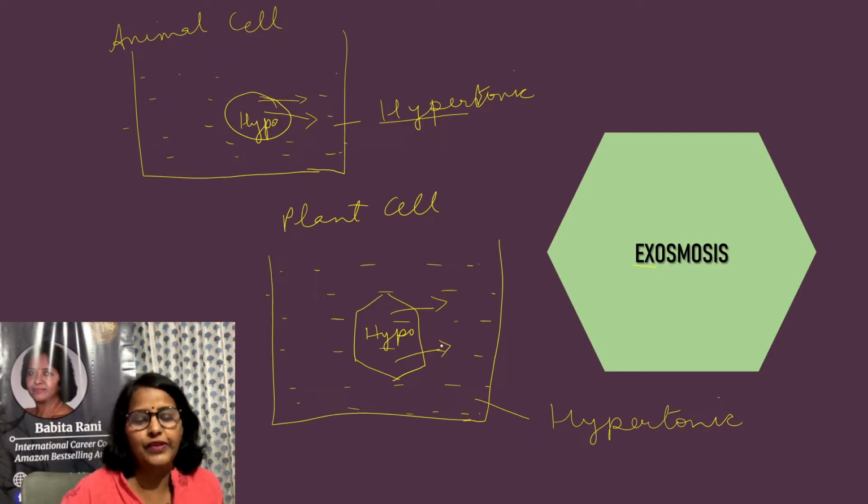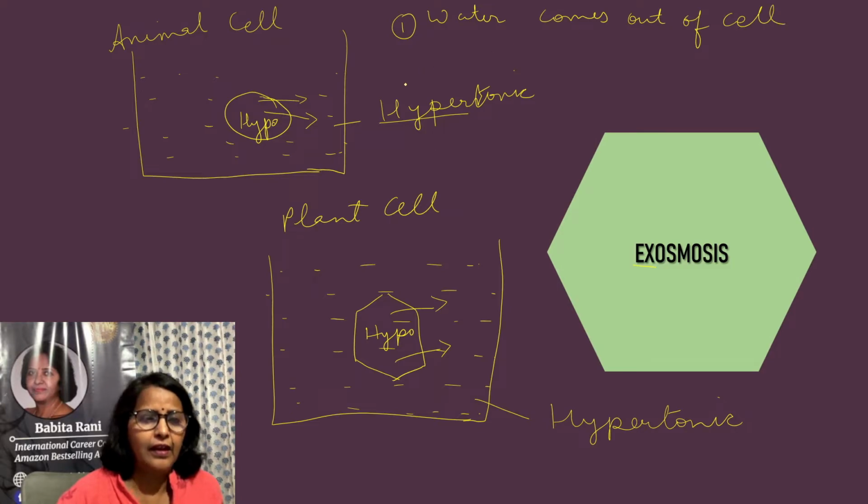If water moves out of it, what is going to happen? Number 1, water comes out of the cell, and number 2, the cell will become flaccid.